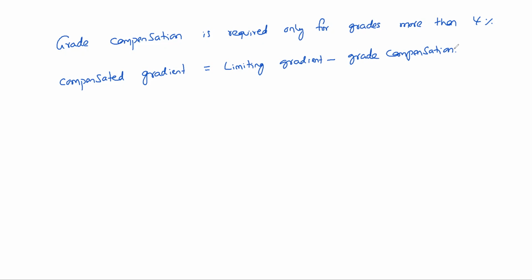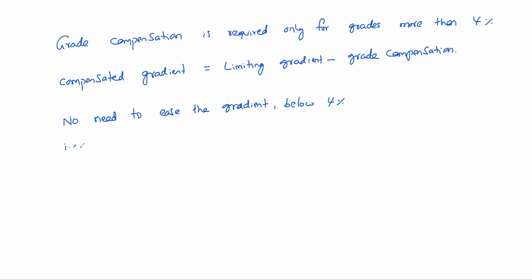That's why if you get a compensated gradient less than 4%, you can go for 4% only. No need to ease the gradient, no need to use a gradient below 4%.